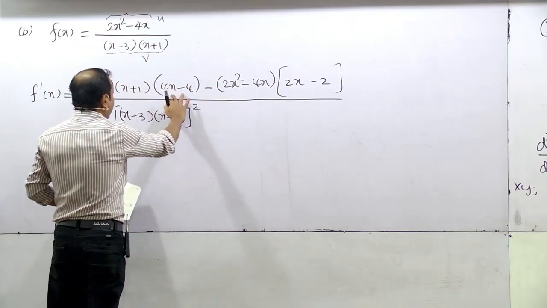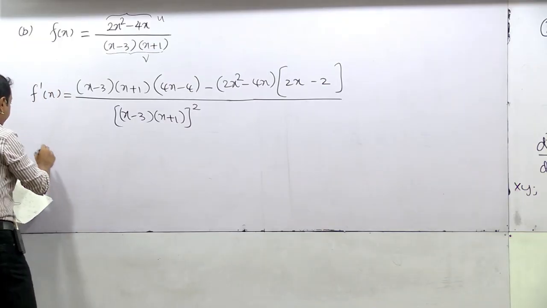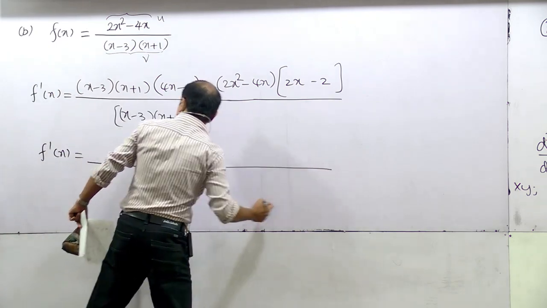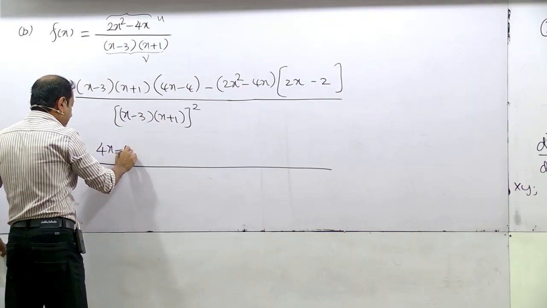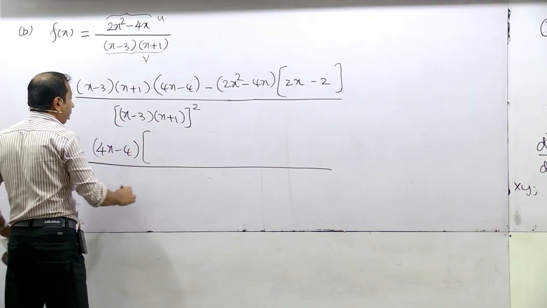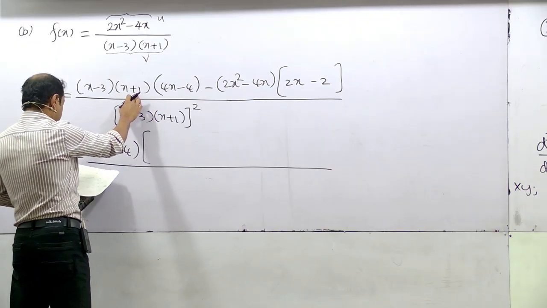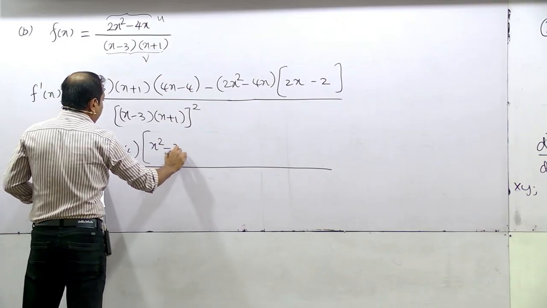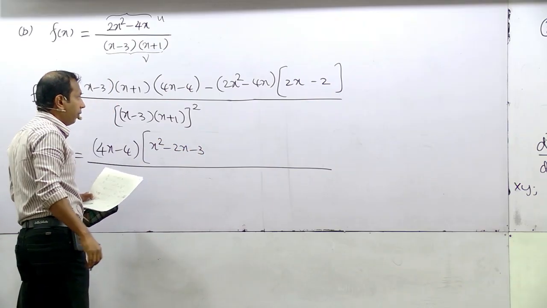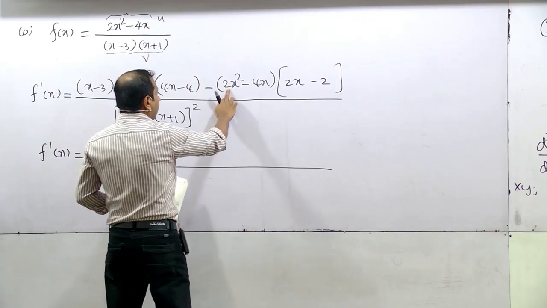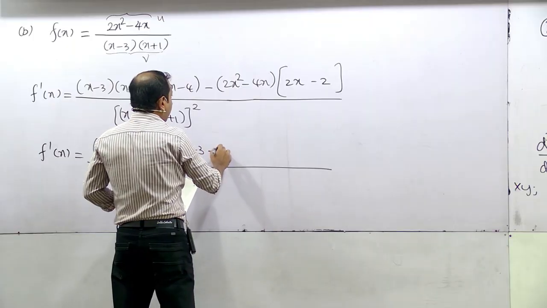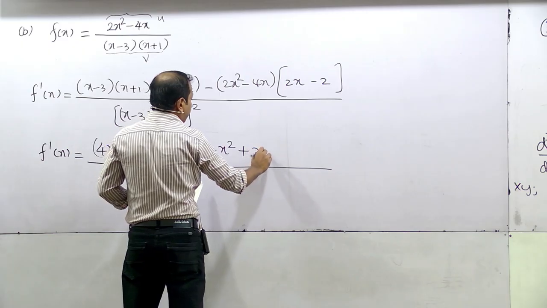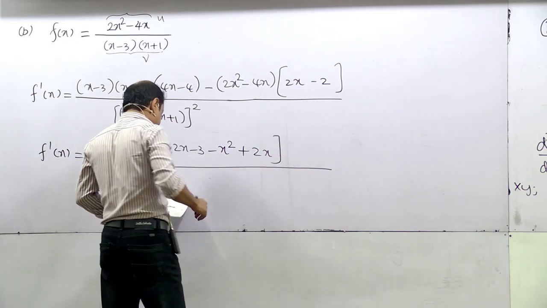That 4x − 4 and this 4x − 4 are common, so we can take it out of f′(x). Then simplify this directly: x² − 2x − 3. Here I took 2 out and put that here, then here we have minus x² plus 2x. This is what we get there.